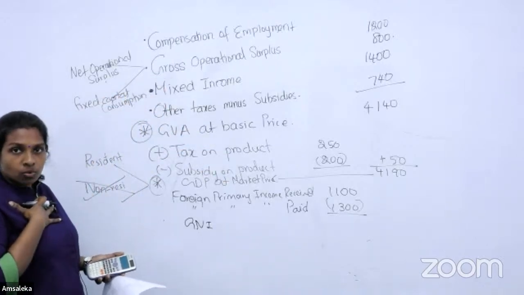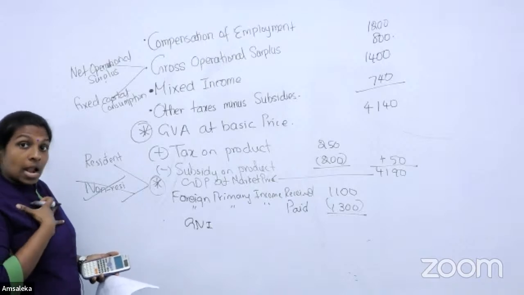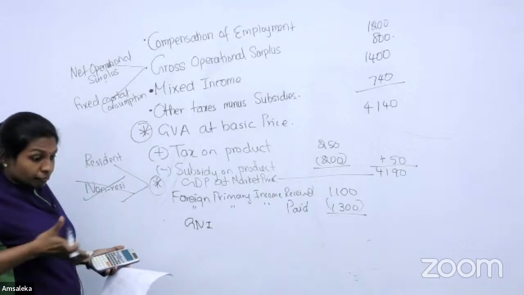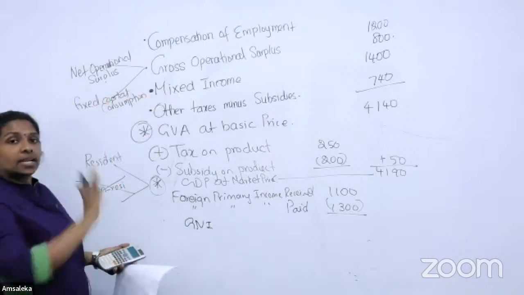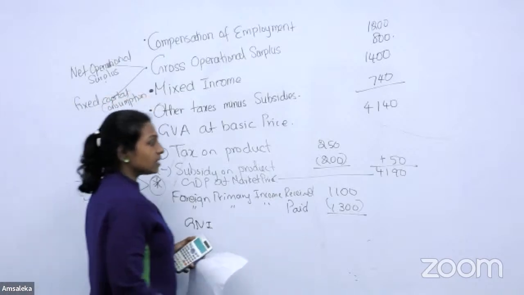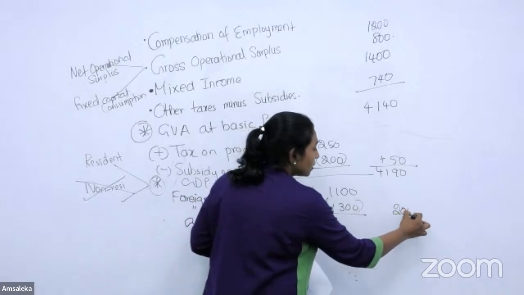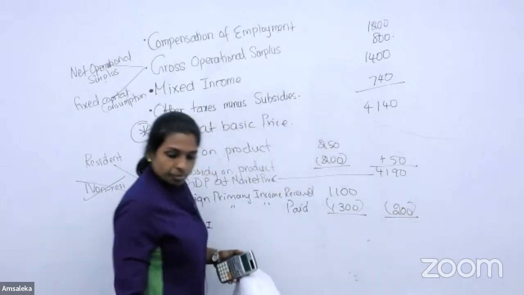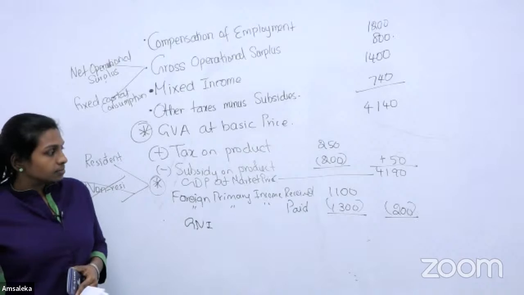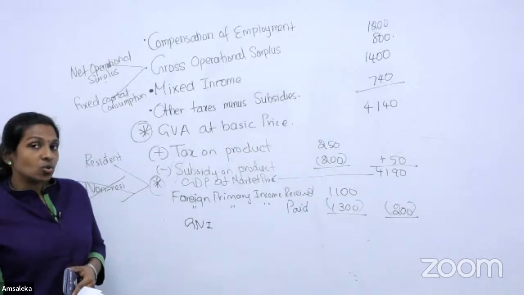That's our income anyhow, our resident people. Likewise, in our country, non-resident foreigners will send paid outward to their country. Now, what is the net answer? 200 in bracket. Why, dear? Because the minus answer is greater, no?